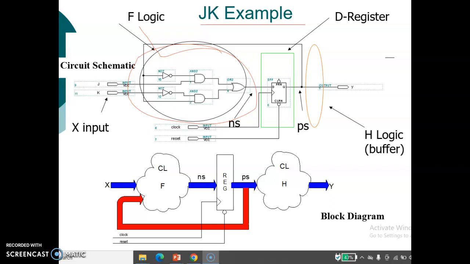This is the D register, this part. This side is the next state, here is the present state. This is the H logic buffer.